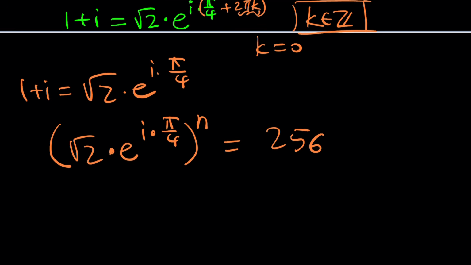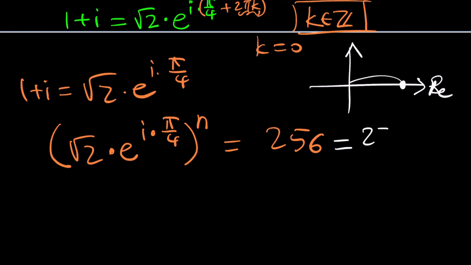But wait a minute. Can we not write the 256 in polar form too? Yes, we can, considering the fact that it is a real number. 256 is going to be appearing on the real axis on the positive side. So it's going to be, obviously not drawn to scale, something like this. The distance from 0 will be 256. In other words, we can write this as 256 multiplied by e to the power i times 0, right?